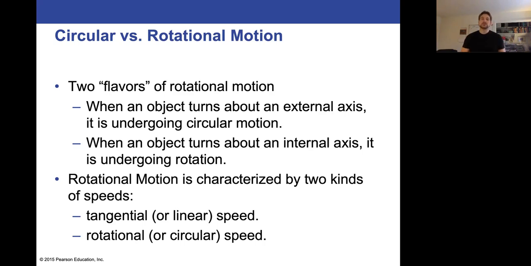So for now, if it turns about an external axis, we can call it circular motion. If it turns about an axis that's internal to its own shape, its own size, then yes, it is circular motion, but let's just call it rotation. Rotation about an axis.